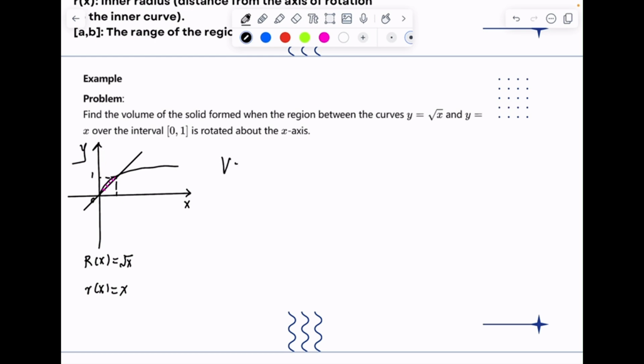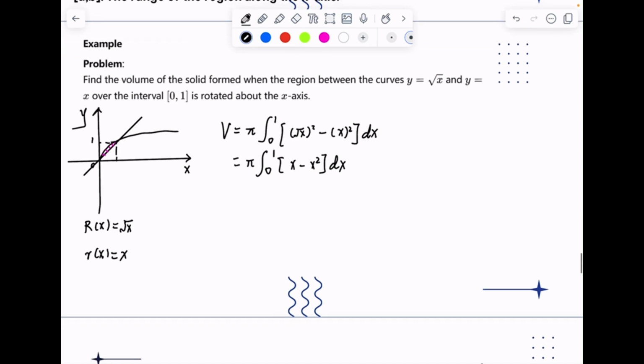The volume equals pi times the integral from 0 to 1 of the square of the outer R minus the square of the inner R, and then we can get it equals to... now we can do it like this, separate it.